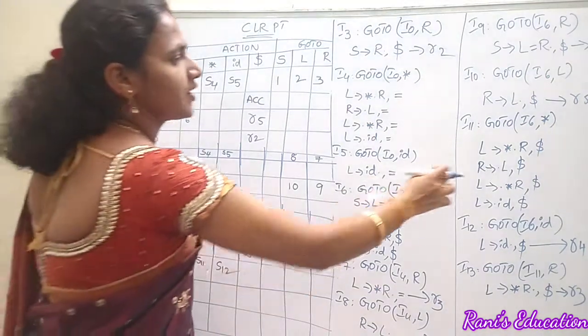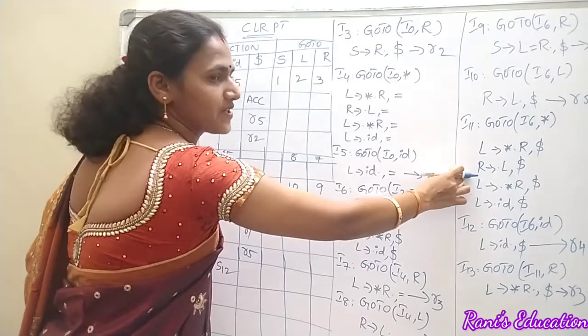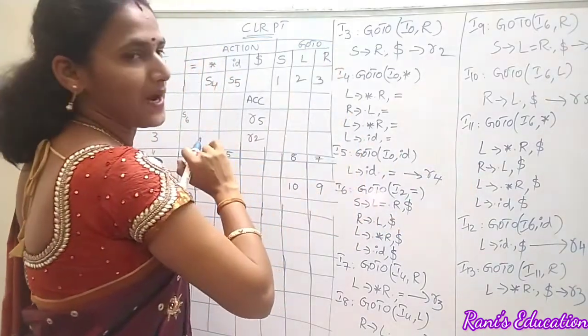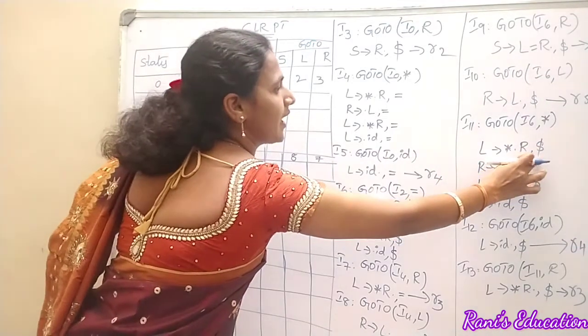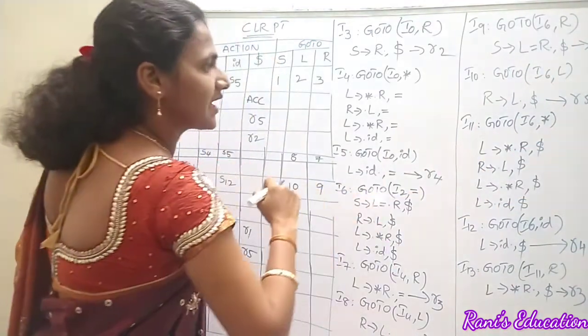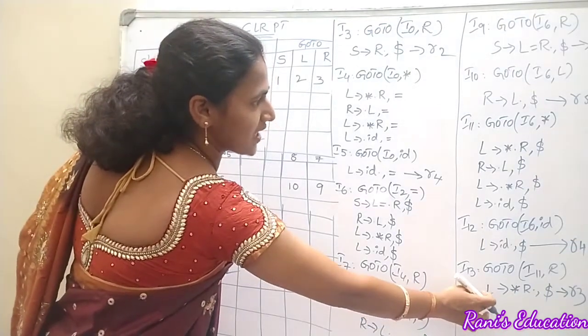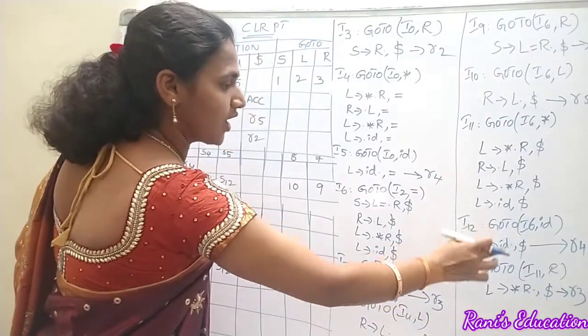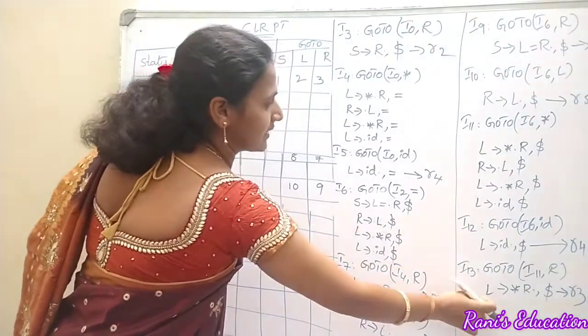Now, still we have two more productions in I11. For those two productions we are supposed to apply goto on R. Dot R is changed to R dot with a look ahead dollar. In which item can we observe that? In the 13th item, right? That is dot R changed to R dot with a look ahead dollar in I13.